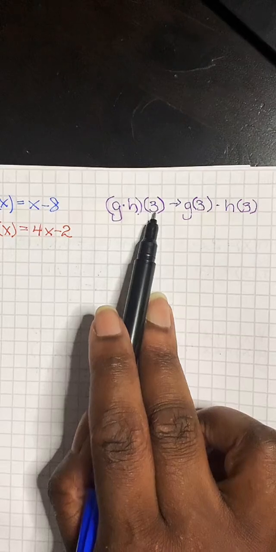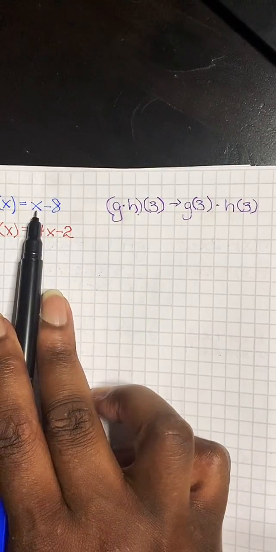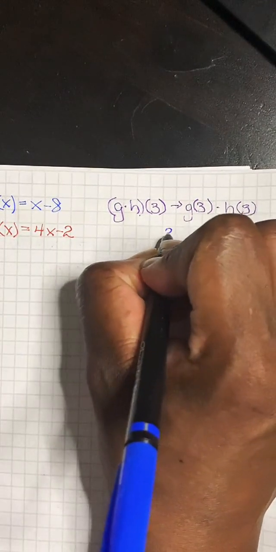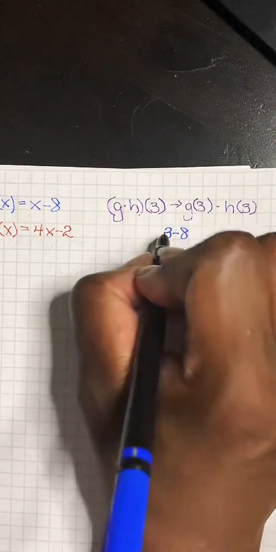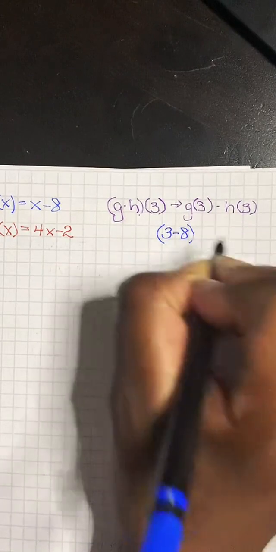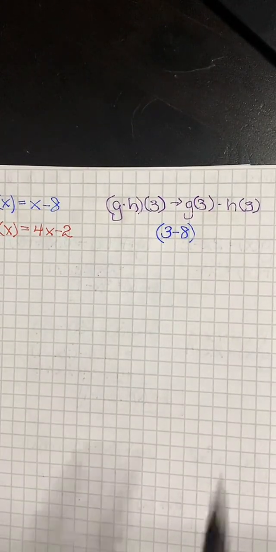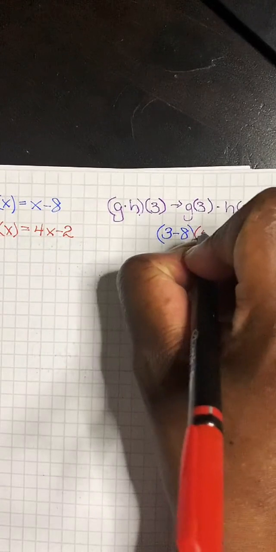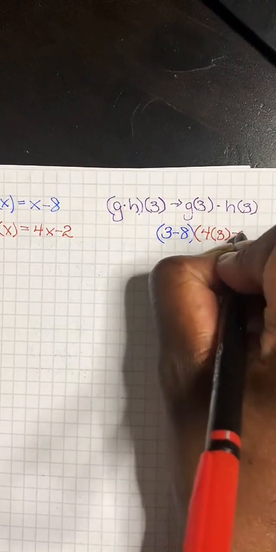But instead of the x, we're going to put the 3 in for the x's. So that means here we have 3 minus 8. Okay? And that's going to be multiplied by the h function when we substitute 3 in for the x. So we have 4 times 3 minus 2.